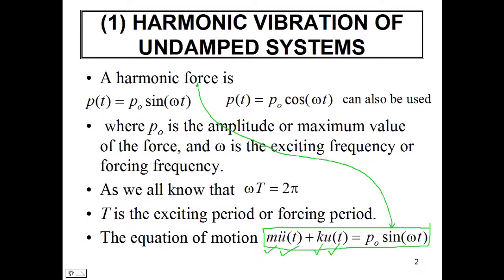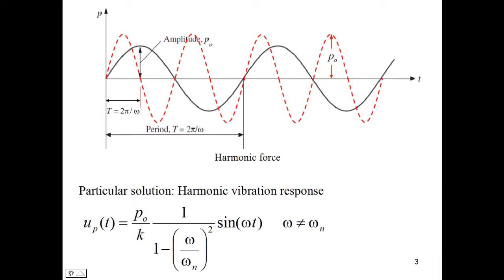Notice that damping does not appear in the equation of motion since we are dealing with an undamped system. The equation of motion is a second-order linear non-homogeneous differential equation.